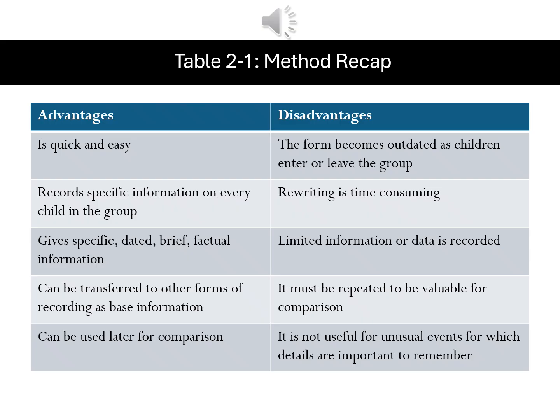It gives you specific, dated, brief, factual information. So if you're being objective, you're sticking to what you plan to observe about. You're going to have some nice, quick information on every child that has a date, so you know when it happened. It is a great tool to think about, is there more that I need to collect about a child?